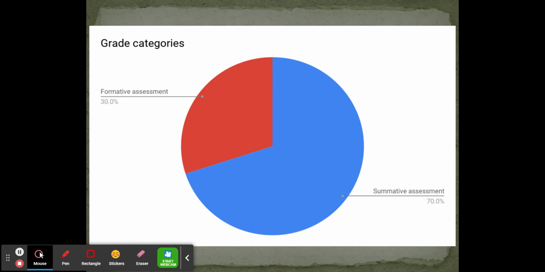Our grade categories are similar in terms of the expectations within our English department. That means that 70% of our grade is based on summative assessment, of which there are only maybe one or two per unit. So what that means is that we do have assessments that are worth a large chunk of the grade, and I want to make sure that our students are aware of that. A lot of times, these summative assessments run the course of a couple weeks.